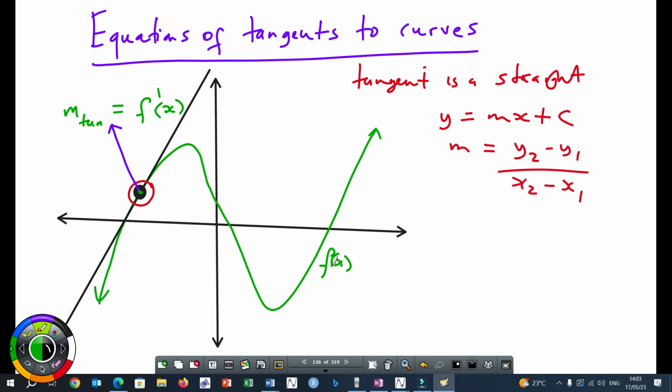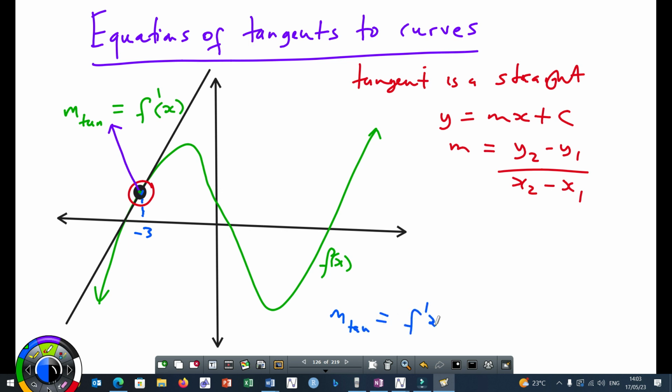Okay? So sometimes you may be asked to determine the equation of a tangent at this point. Let's say this point, maybe we can call it x is minus 3. If x is minus 3 there, and we know the equation of the function, then we can find the equation of the tangent. So we use this fact that m tangent is equal to f prime of x at the point of contact.